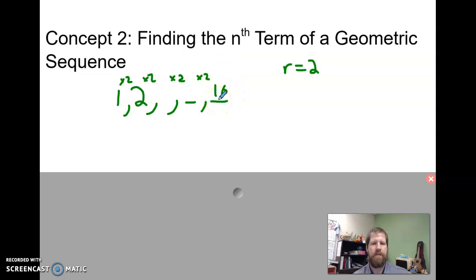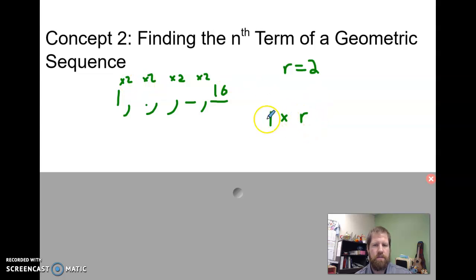And this leads us to our formula. We don't need any of these random terms. If we have the starting term, my starting term is 1, and I multiply that by the common ratio.